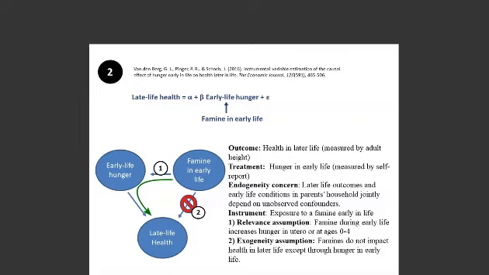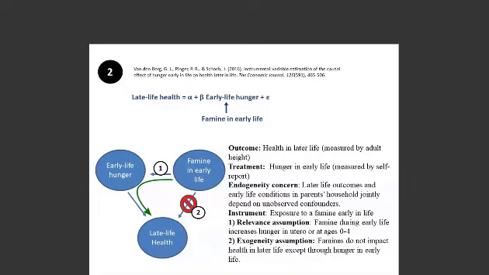So I like this paper because it positions itself in the famine literature. Prior studies had looked at the impact of famine on late life health. So they would use a famine indicator to look at health.